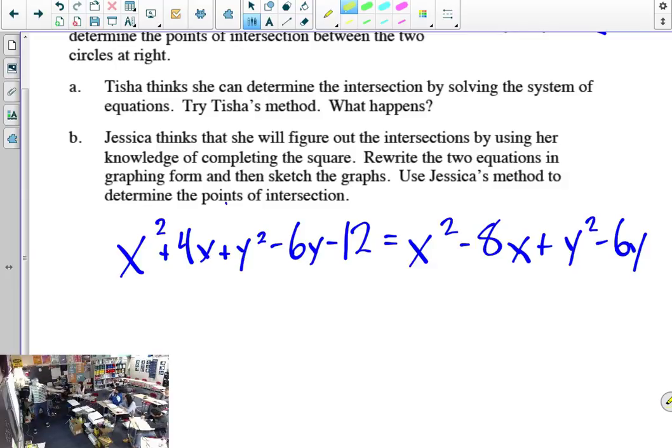So, Ethan, you were saying what cancels? The x squared, y squared, and negative 6y, because they're all the same on both sides. So those cancel because I can subtract x squared from both sides, and subtract y squared from both sides. So 4x minus 12 equals negative 8x.